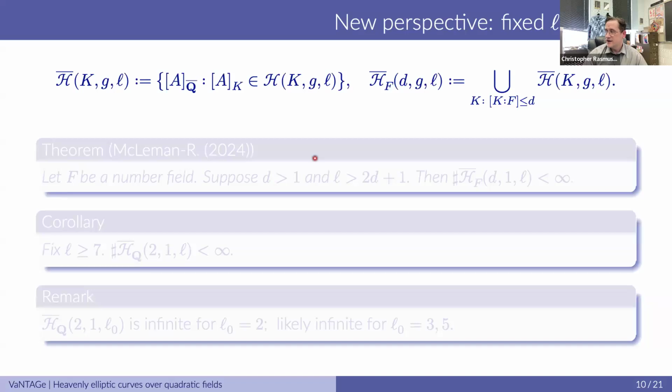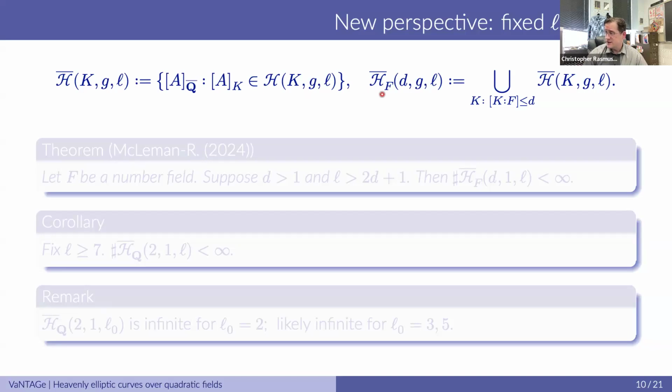Okay. All right. So towards some new results, let me make some related definitions. So first, analogous to the set H_K,G,L, we'll define this coarser set H bar, which simply tracks Q bar isomorphism classes for heavenly abelian varieties. And so there's, of course, an obvious surjection from H_K,G,L to H bar_K,G,L, where we simply pass to the Q bar isomorphism class.